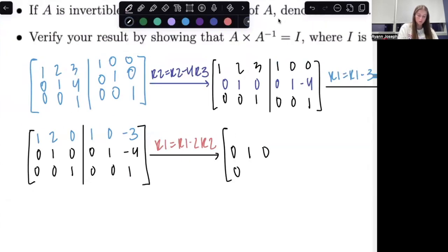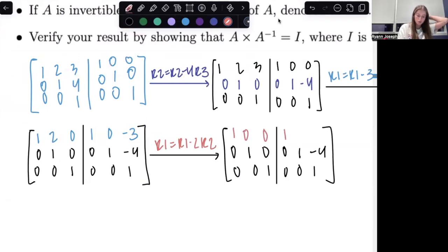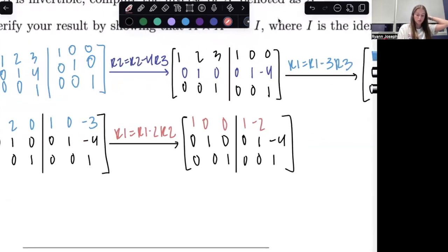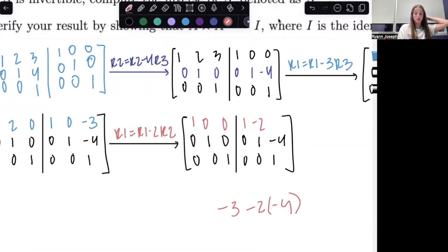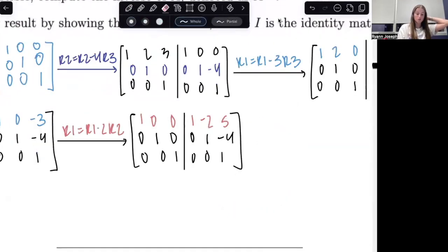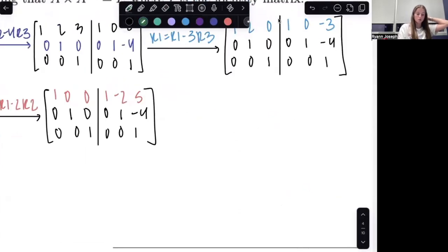That gives 1, 0, 0, then 1 minus 0, 0 minus 2 times negative 1, so negative 2. And then negative 3 minus 2 times negative 4, so negative 3 plus 8 is 5. And that's it. That's the inverse of this matrix, which is also an upper triangular matrix.